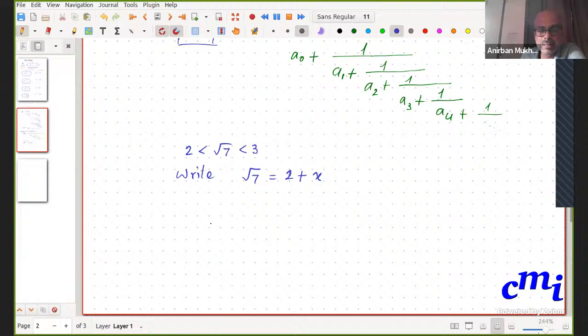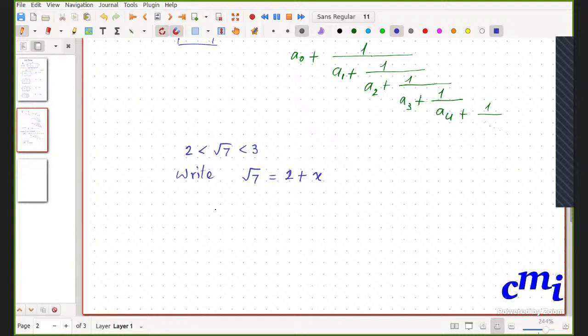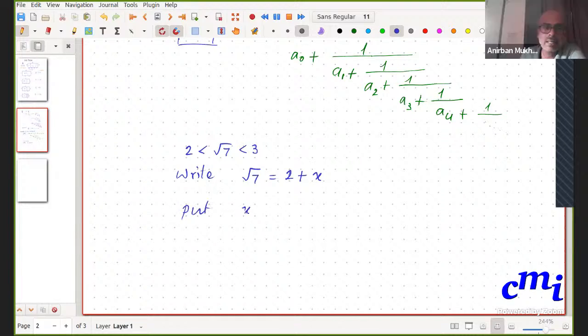Let's write x in a way that we want. So put x equal to 1 over x1. This is what we want to write, because we want it in that format: 2 plus 1 by something, and that something is x1.